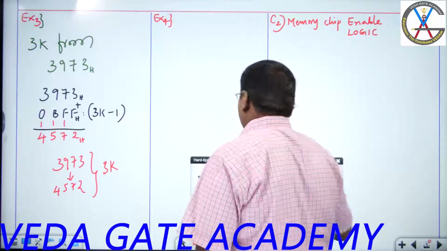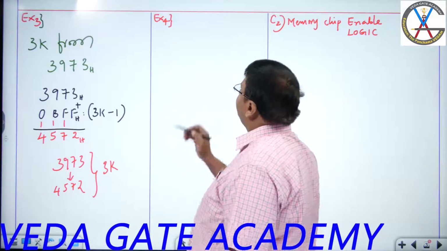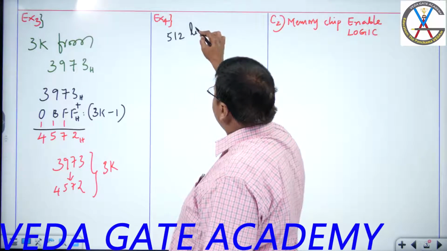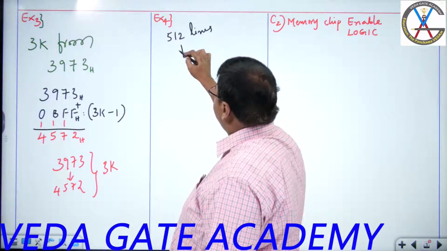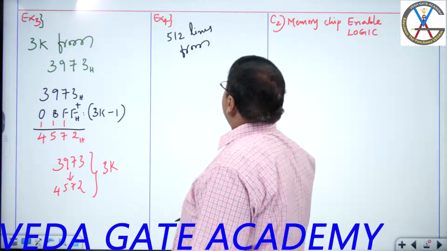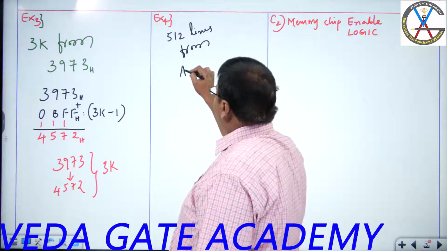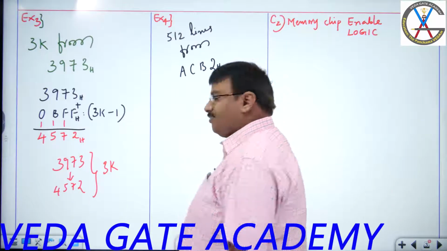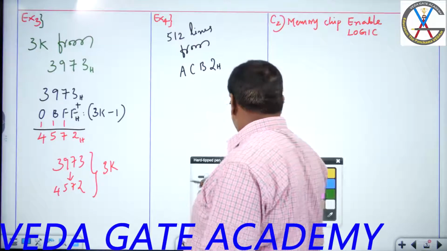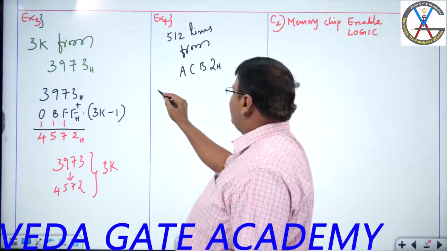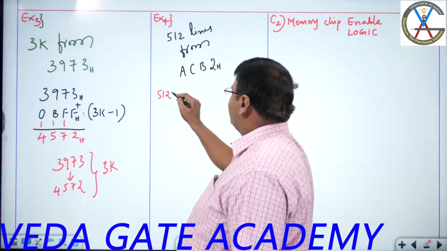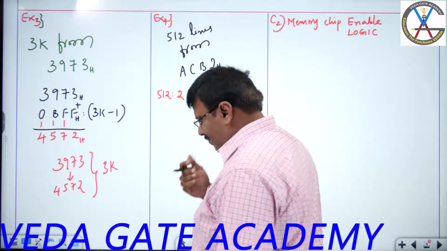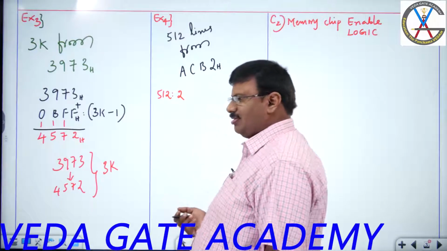Now I have another example, which is 512 lines from ACB2 hexadecimal. 512 lines in the sense, I can say 2 power 8 is 256.